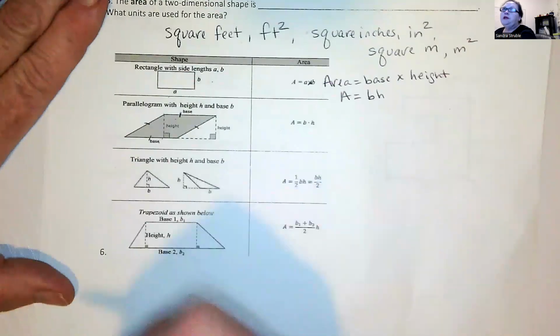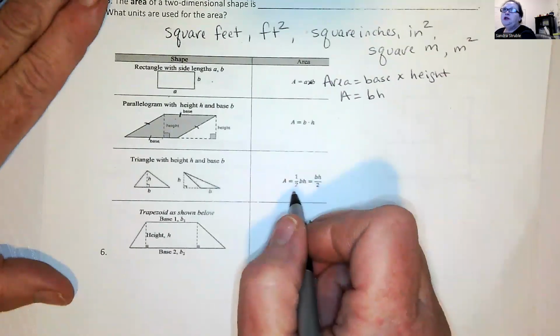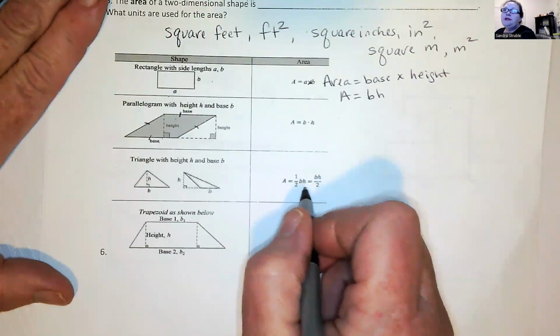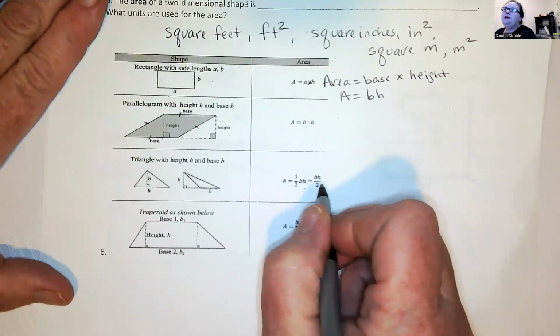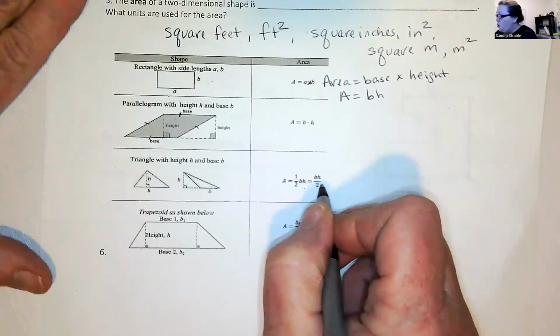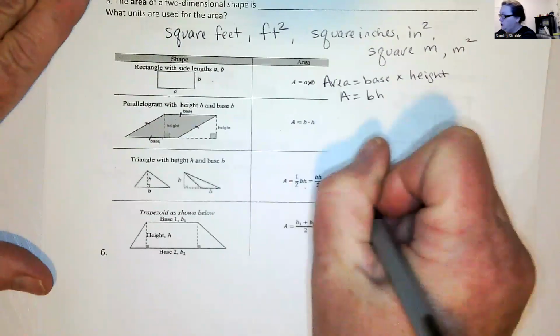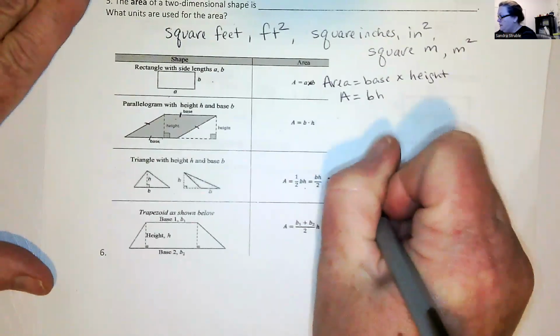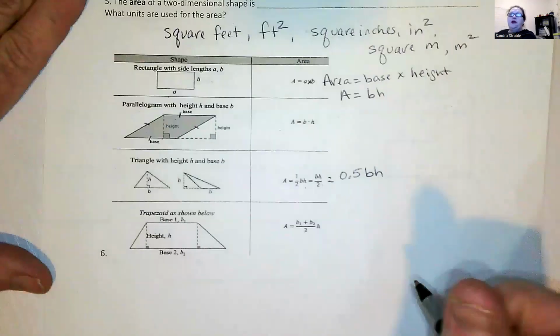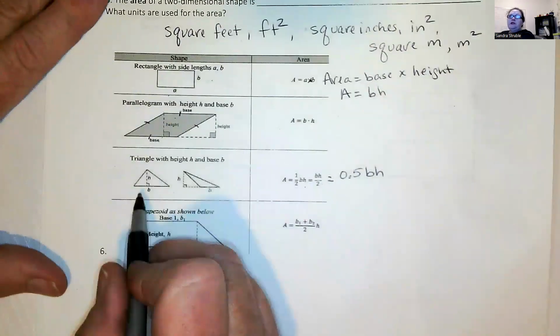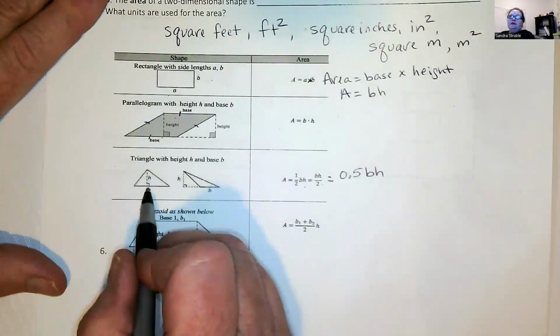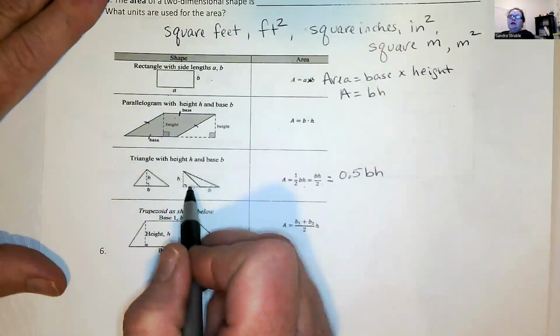Triangle, three different ways to look at it. I don't care which formula you use. Area is equal to 1/2 the base times height, or base times height divided by 2, which is what I'll be using. Or, for those who don't like fractions, you can use 0.5 times base times height, okay, for your area. Please notice what the base is versus the height. Be careful with that. Same thing here.